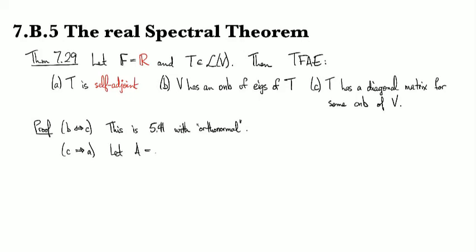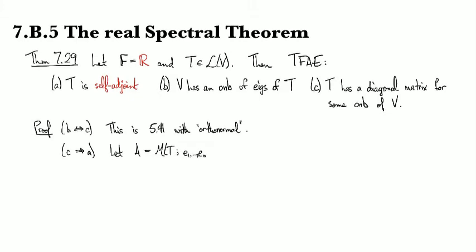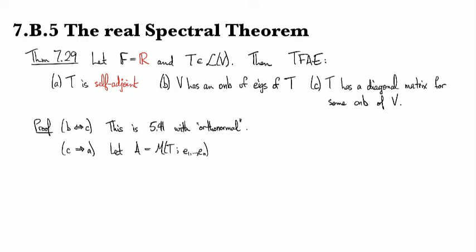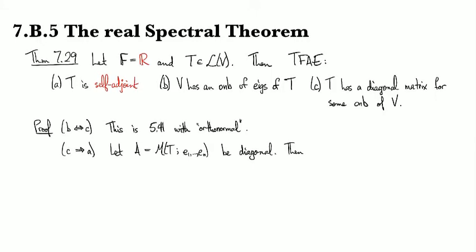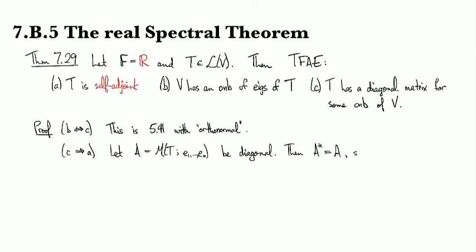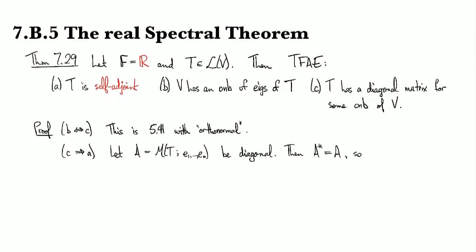Okay, so now for C implies A. Suppose we take A to be the matrix of T with respect to some orthonormal basis B here. And suppose it's diagonal. So then the conjugate transpose of A is going to equal A itself, since it's diagonal, and since we're in the real case here, we don't have to actually worry about the conjugates.